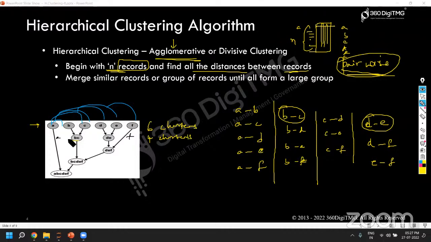Now again, we will look at the distances between these pairs, A to BC, A to DE, A to F, BC to DE, BC to F, and then finally DE to F. Right, so we are creating the distances here. And once again, we will repeat and understand which pair is closest.